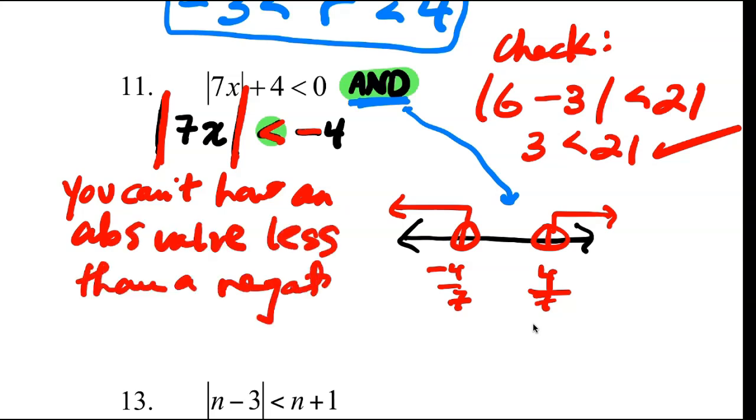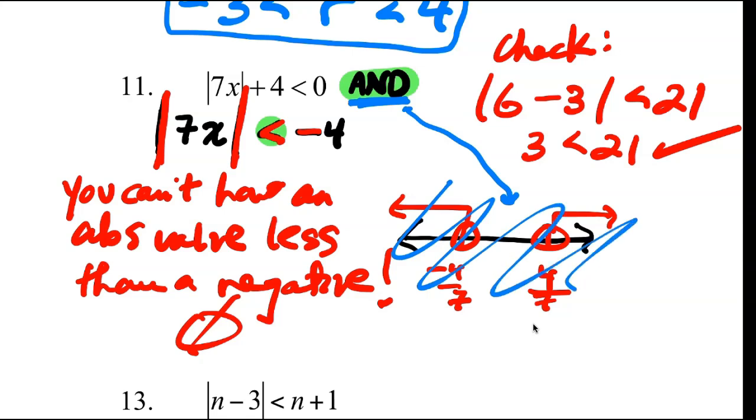So really, our solution is there is no solution. There is no number that would be less than negative 4 units away. Remember, absolute value is a distance. It has to be positive. So there's a big problem here with number 11.